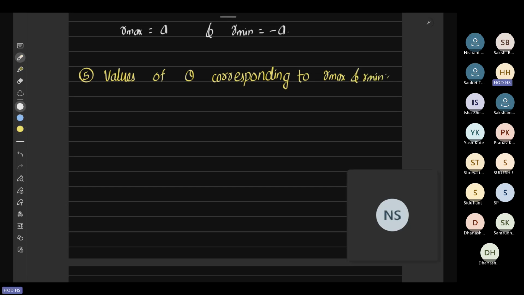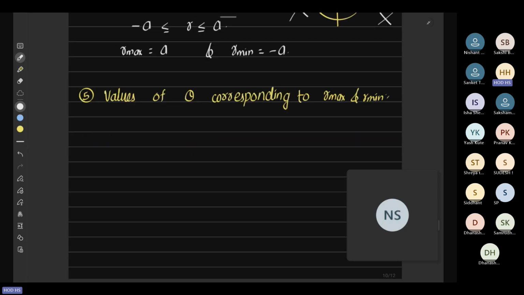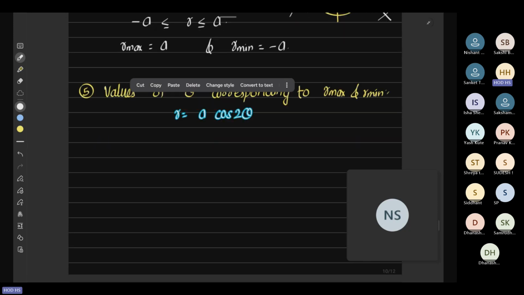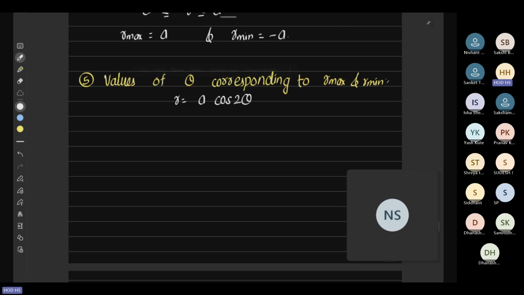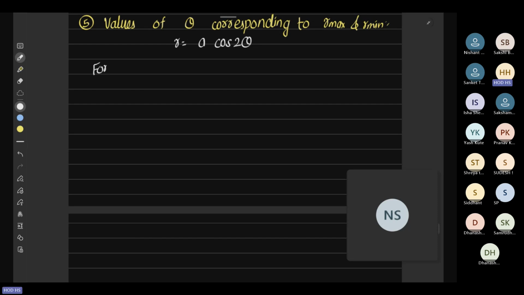To calculate the values corresponding to r max and r min, you can write down the given equation. And for r max equal to a, we have a is equal to a cos 2 theta. So therefore cos 2 theta is equal to 1.